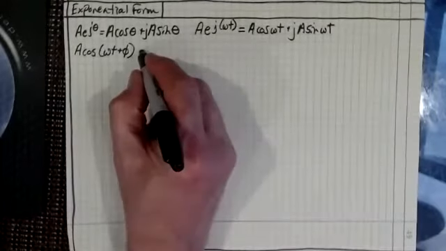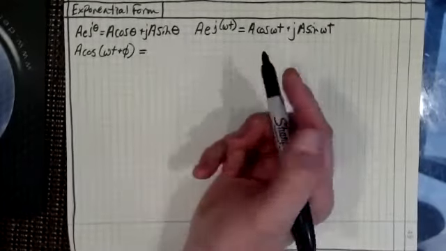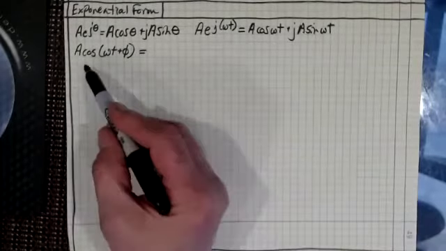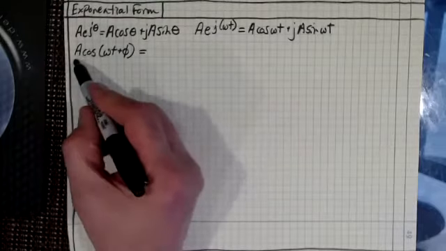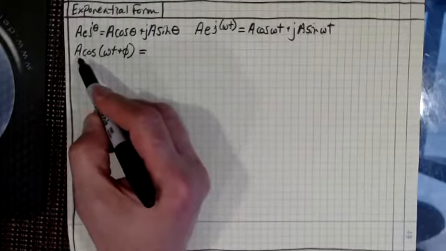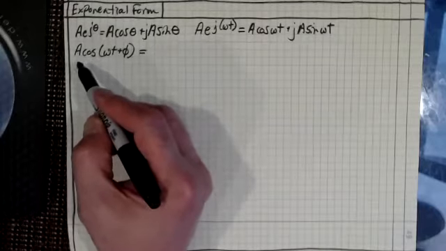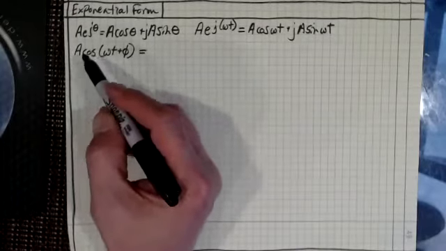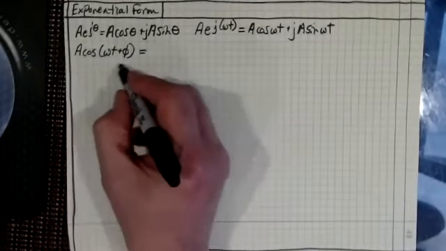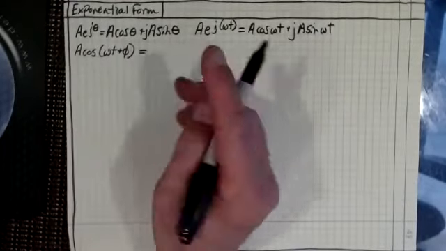How would I represent that in exponential form? As you look at that, you're probably saying that A could be V maximum or I maximum, whatever. And that is a time domain waveform, isn't it?